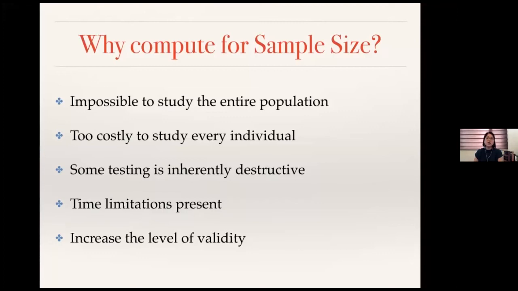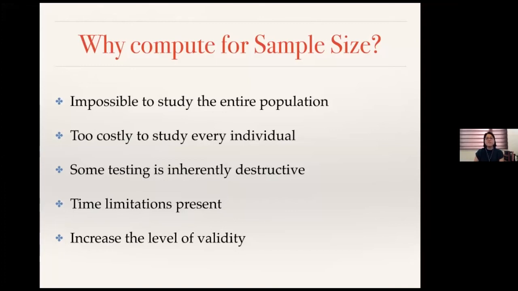So you need a sample size so that you have only a representative of all premature patients. Then, of course, time limitations are present. No? You can't go around the whole city testing everybody, getting data from everybody. It'll take you 10 years to try to catch everybody.